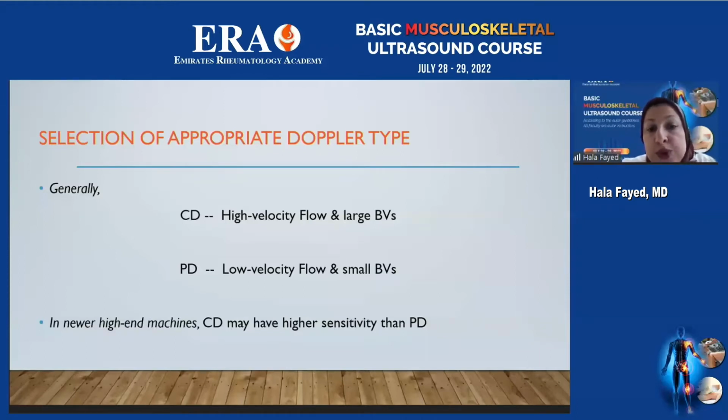The power Doppler, as we mentioned, is very useful for defining low velocity flow and small blood vessels, and that is why we use it for neovascularization and small vessels in synovium and tendons, and to detect disease activity in rheumatologic diseases. However, in newer high-end machines, color Doppler may have higher sensitivity than power Doppler.